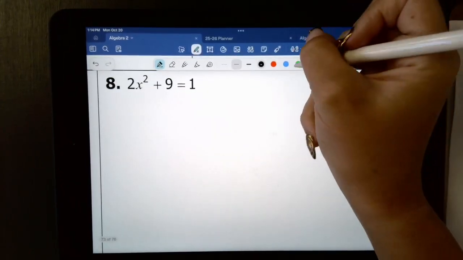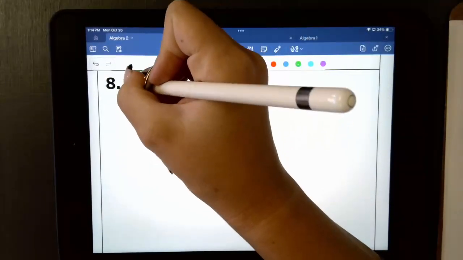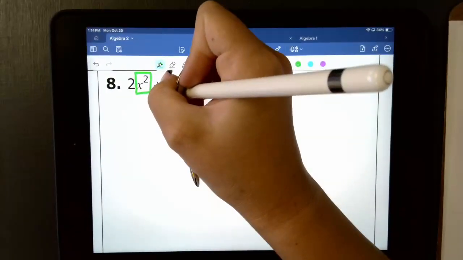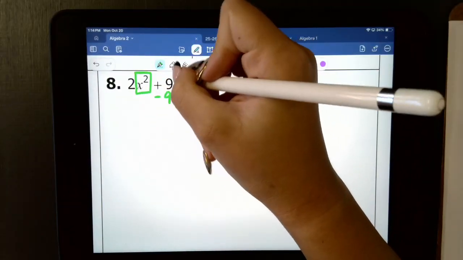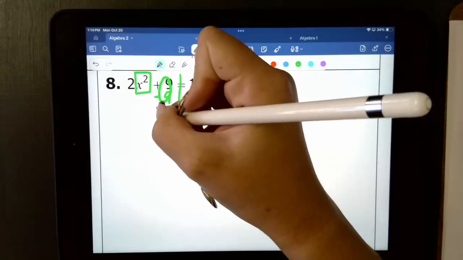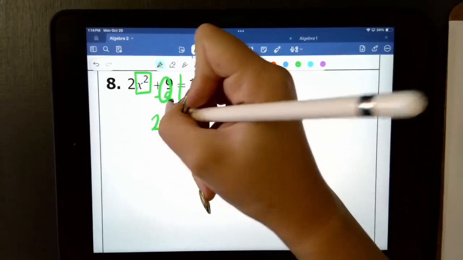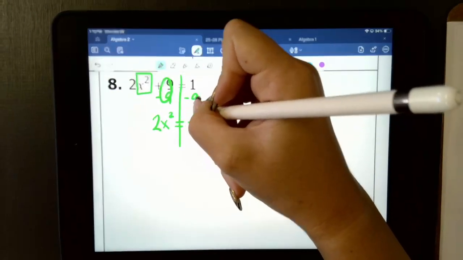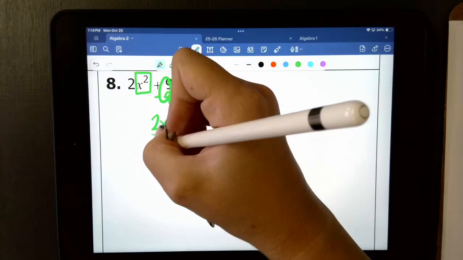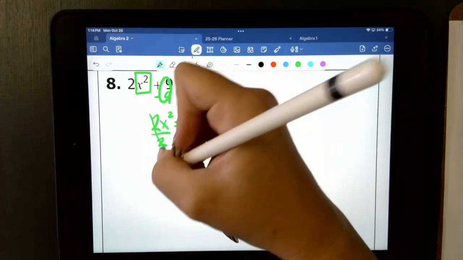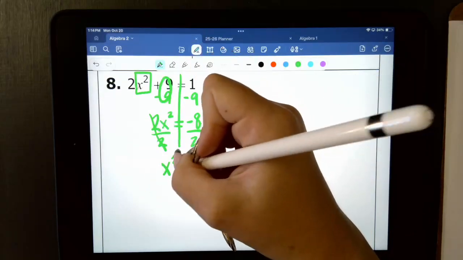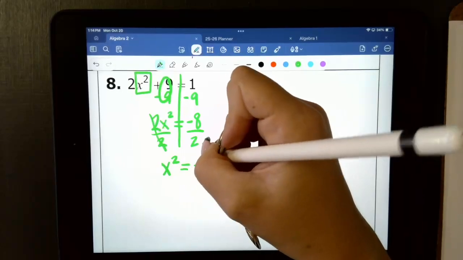Okay, so for this one, let's go ahead. We're going to isolate the x squared by subtracting 9 first. So we're going to have 2x squared equals -8. Divide both sides by 2. So we're going to have x squared equals what? -4.